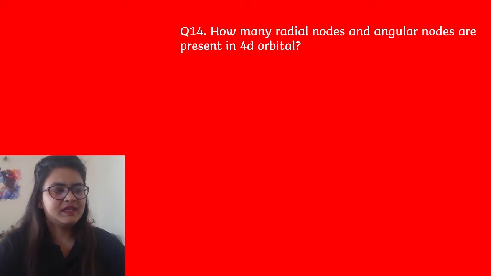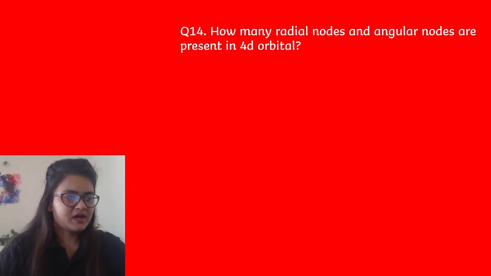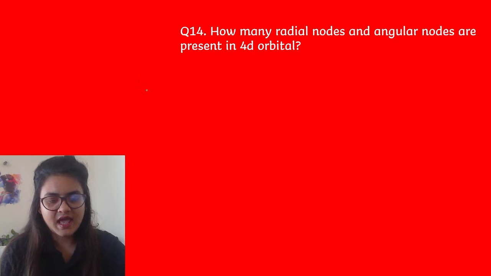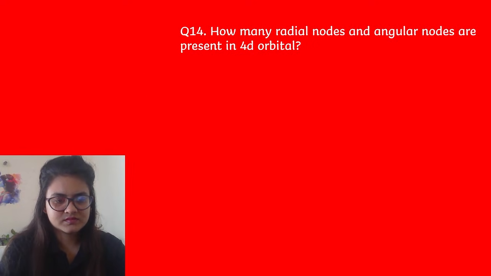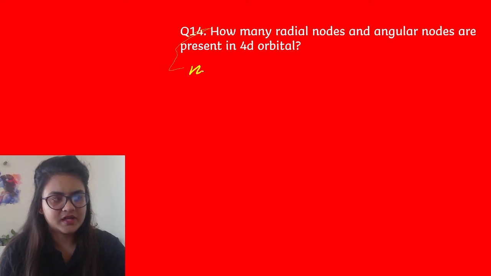How many radial nodes are present for the 4D orbital? So yes, let's do it. If I am having a 4D orbital, I have two types of node, right?